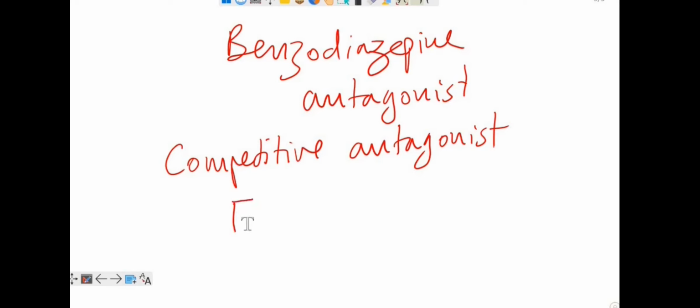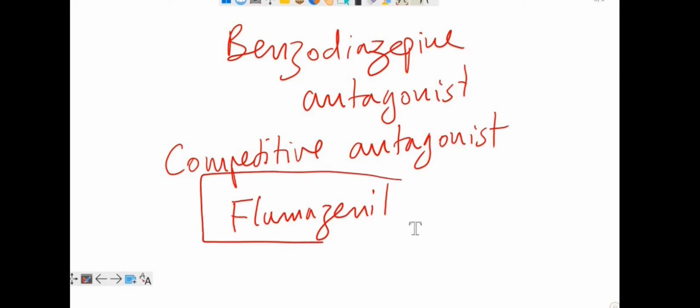The most famous is flumazenil. Flumazenil is a competitive antagonist at the benzodiazepine receptors. Usually, this acts as a competitive antagonist, as we said, for both pure agonists, positive allosteric, and negative allosteric agonists as well.